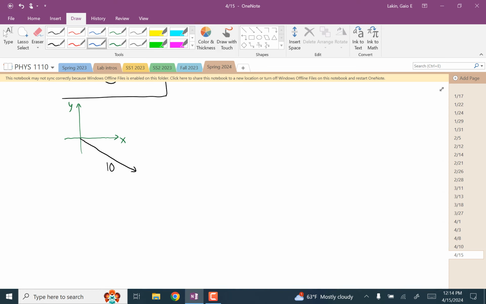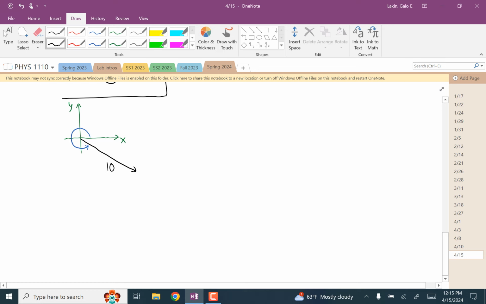To go counterclockwise to this, you'd have to go around like this, and it would be 360 minus 30, so 330 degrees. You also could just go clockwise and call it negative 30, and you'd get the same answer.